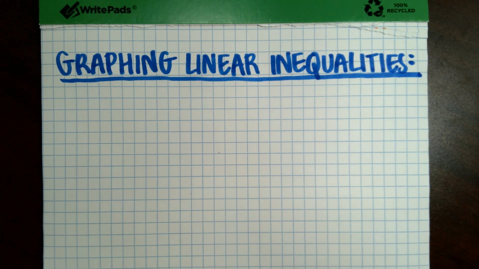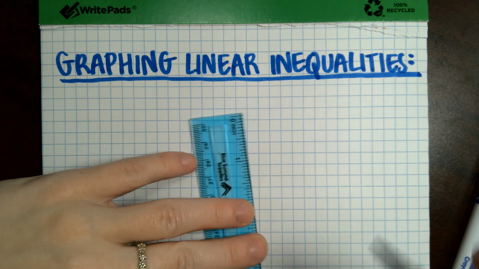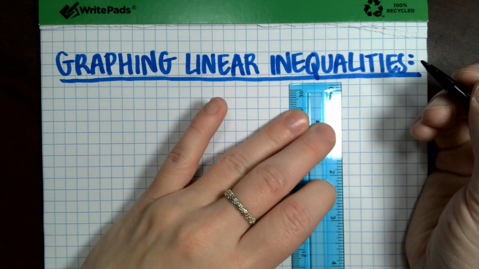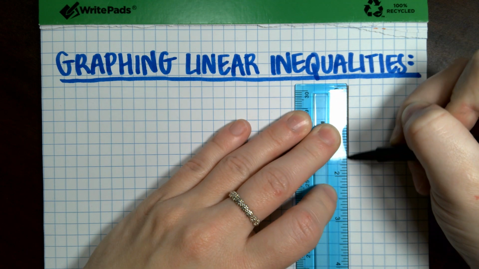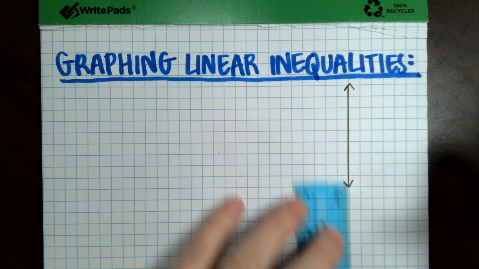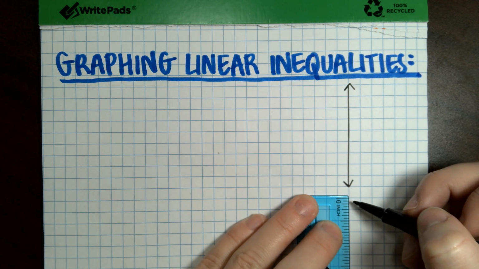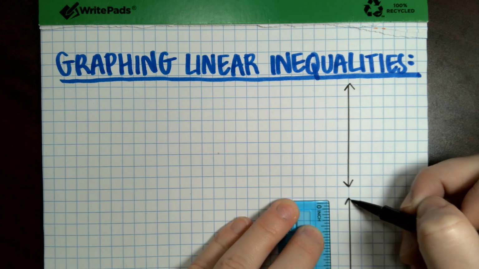Okay, once you've got that title, we're going to create 4 little graphs, and I'll show you where I want you to put those. Let me find my ruler. Here we go. So we're going to draw one right here over to the right side. Not too big. We're going to do some smaller ones. I'm just going to get the spacing first. 1, 2.